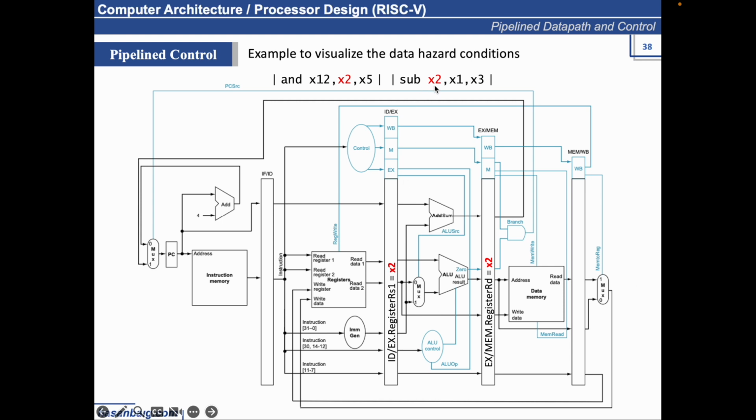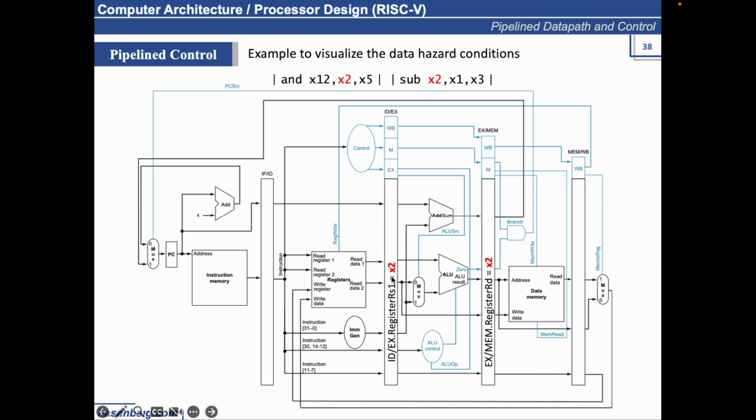Here you can see sub x2. So x2 is sitting in this register xmem.register rd, which means that the instruction in this stage has an rd which is x2, and it is exactly equivalent. The same register is used as a source register in the next instruction.